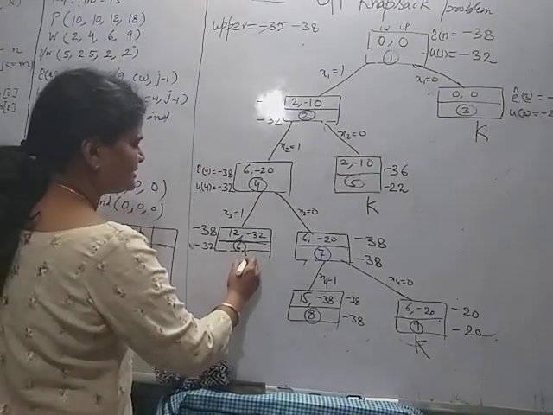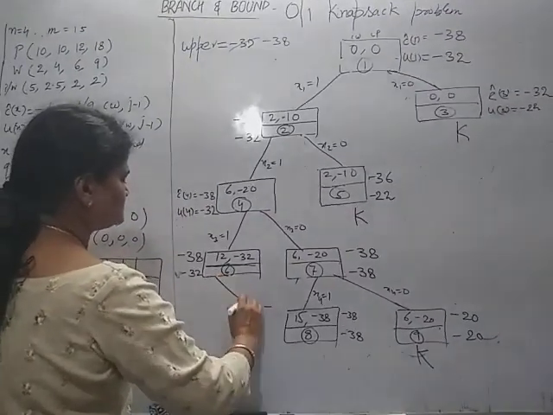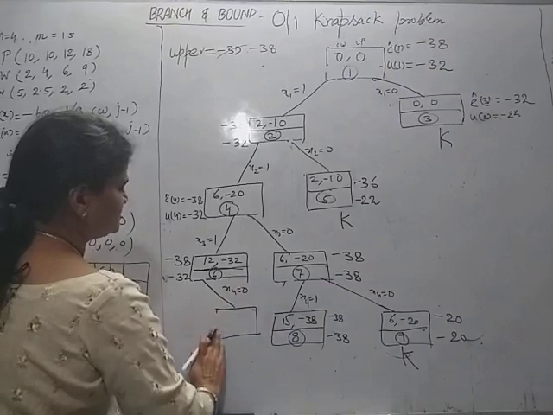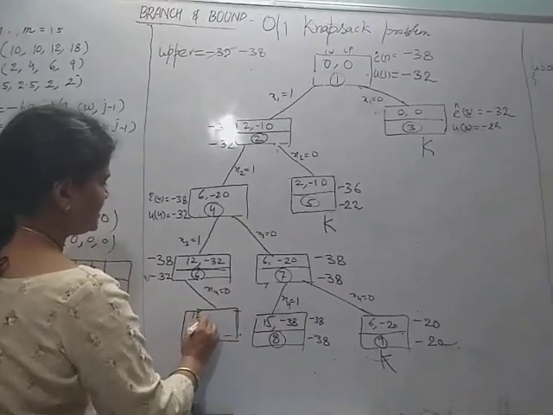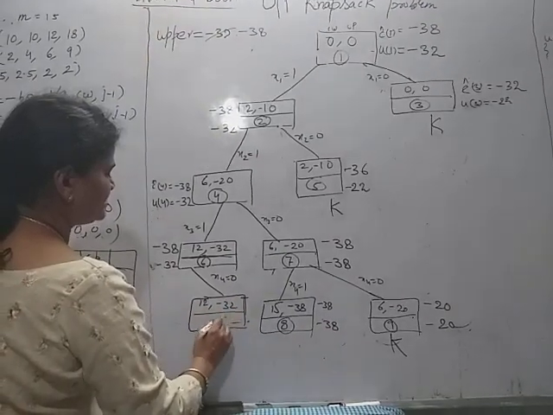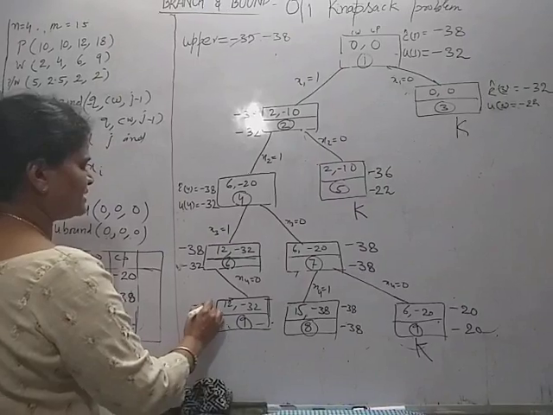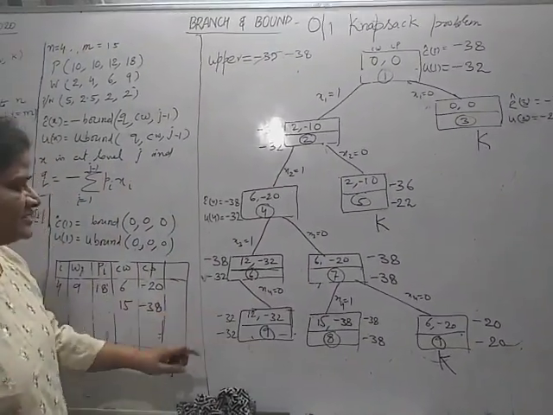So here x4 equal to 0, that is 12 minus 32, and then the node number is 9, and its lower bound and upper bound both are minus 32 as I am excluding the fourth one.